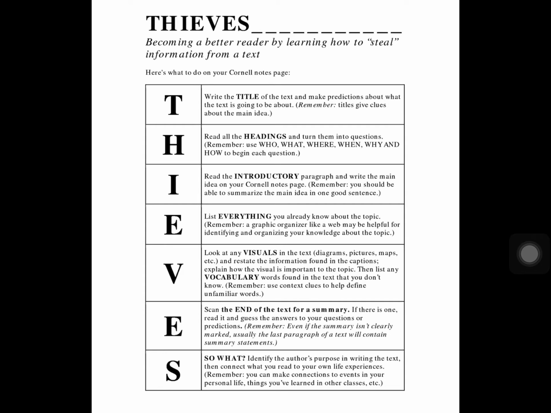What does it mean? It's a metaphor that means being able to steal knowledge or information from a text. And how do you do it? Just by paying attention to the title, headings, the introduction or the introductory paragraph that gives you a general idea of what you'll read.